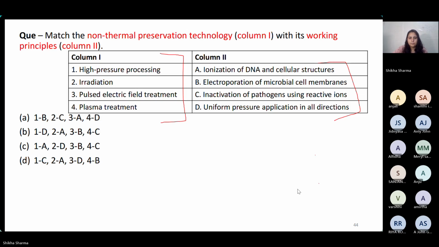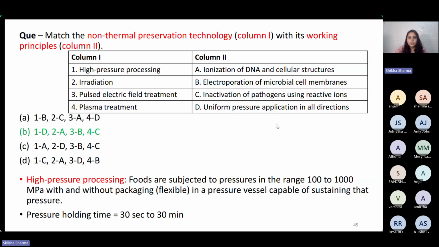Anju, B. Okay, she's correct. Here, high pressure treatment is associated with uniform pressure application in all directions. Irradiation is ionization of DNA and cellular structures.